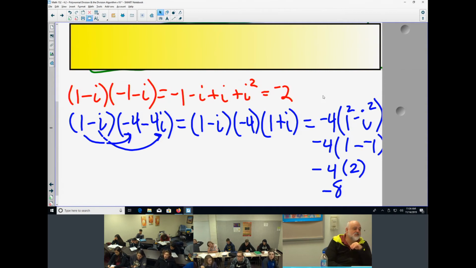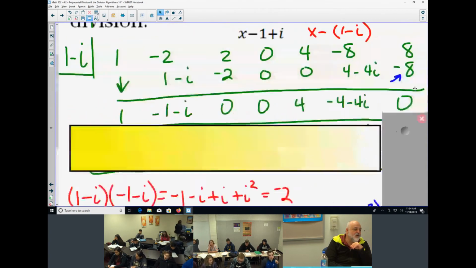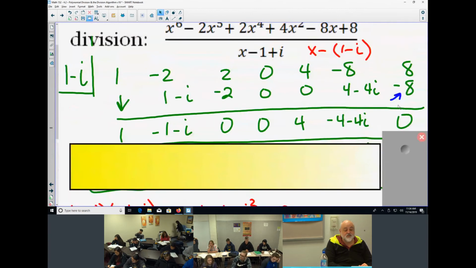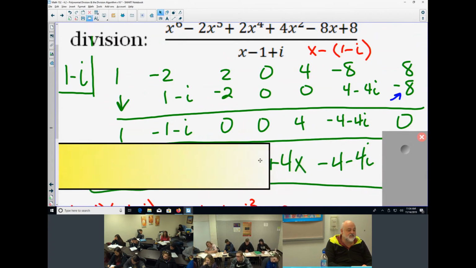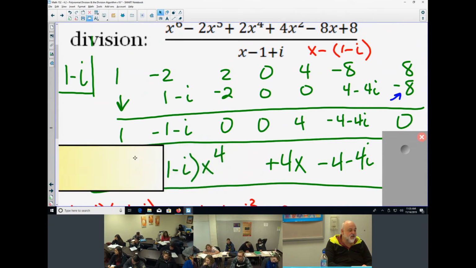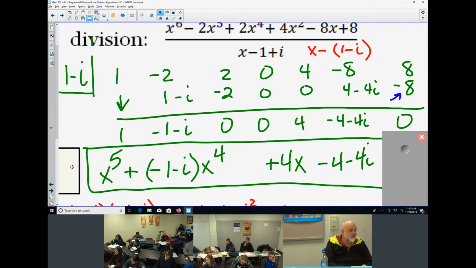So now we write our final answer. So this is the remainder, 0. Negative 4 minus 4i, that's the constant. 4 is the coefficient of x. And then we have 0x squared and 0x cubed. And then negative 1 minus i is the coefficient of x to the 4th. And then 1 is 1x to the 5th.